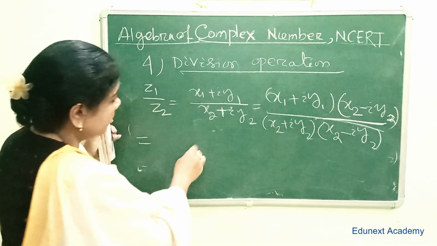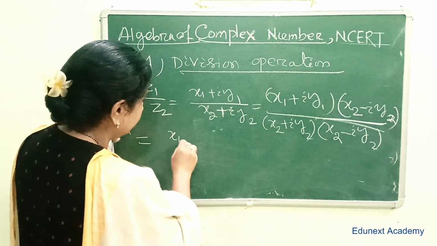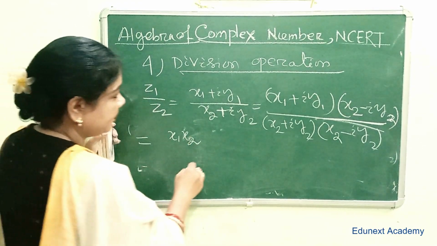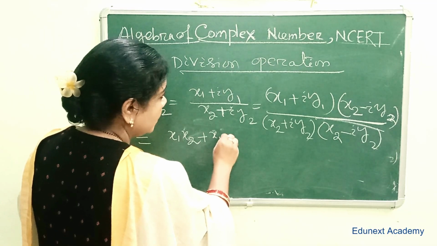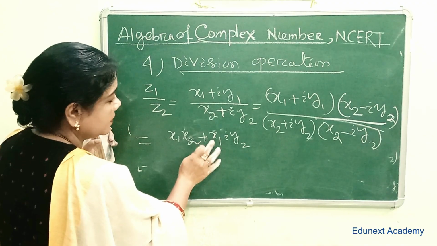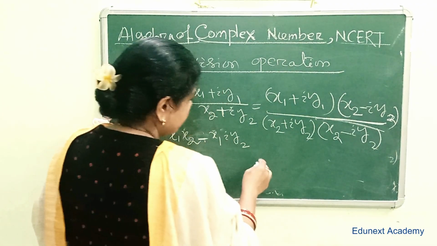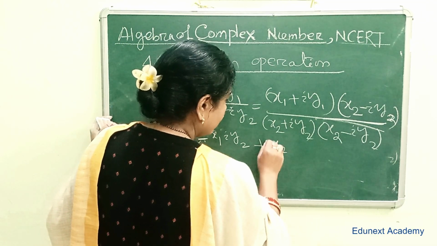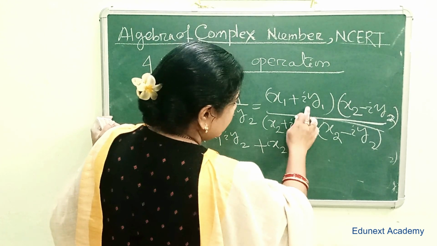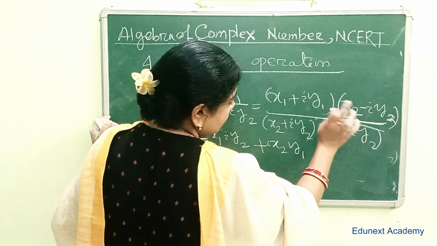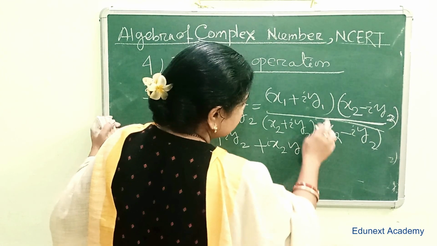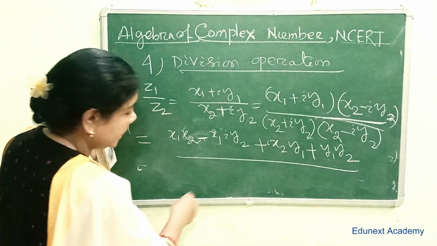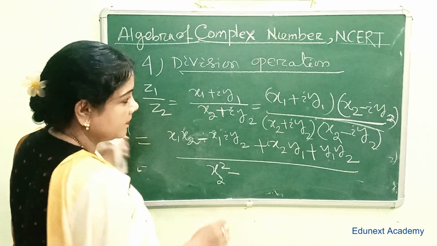So in the numerator, let us multiply together: x1 x2, plus x1 iy2, this is minus because of the minus, plus x2 i y1, and minus i into i, that is minus i square, minus 1 minus 1, that is plus y1 into y2, divided by a square minus b square, which means x2 square minus b square.